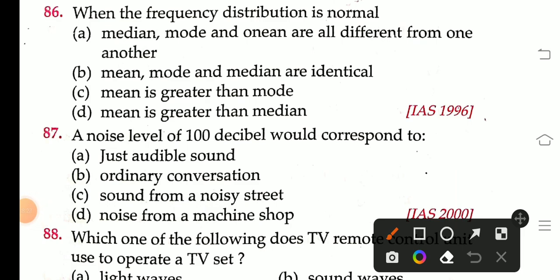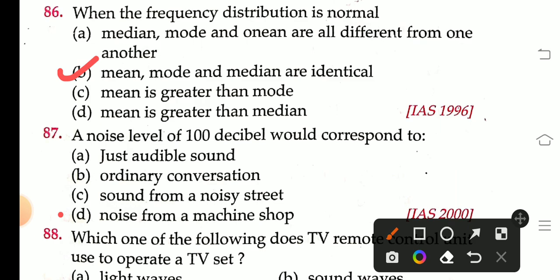Next, when the frequency distribution is normal, mean, mode, and median are identical. Next, a noise level of 100 decibel would correspond to noise from a machine shop.